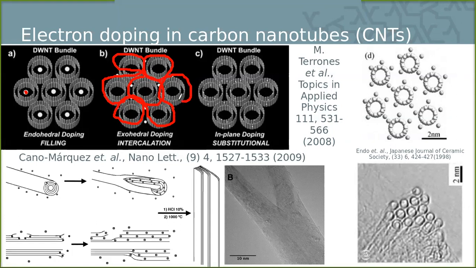This is actually one of the most interesting. And we also have the possibility of in-plane doping, where the atoms that donate electrons stay in between the layers of the carbon allotrope material, in this case in between the layers of the nanotubes.